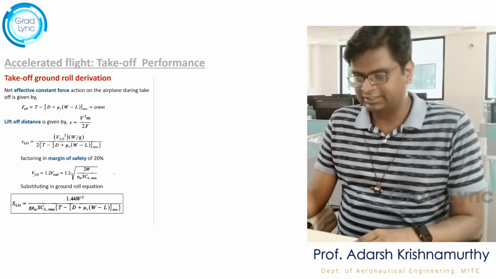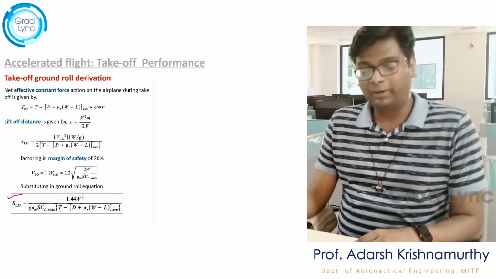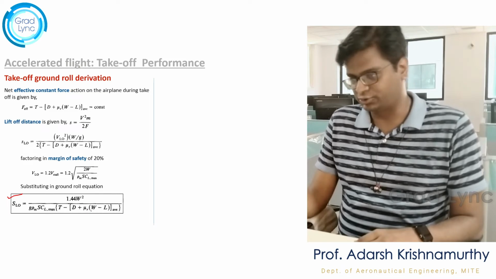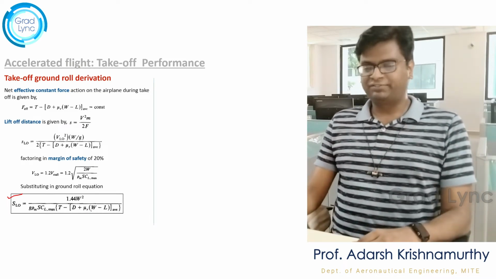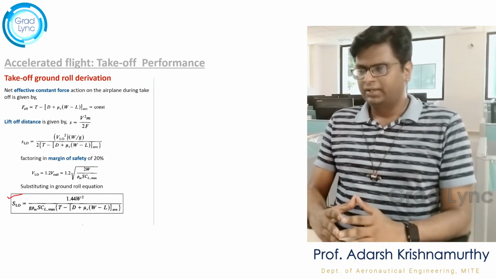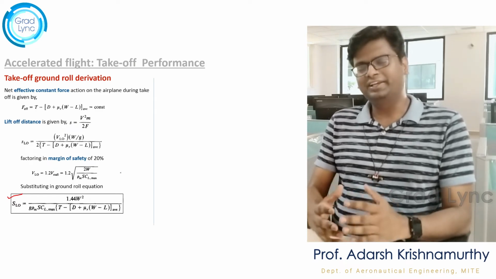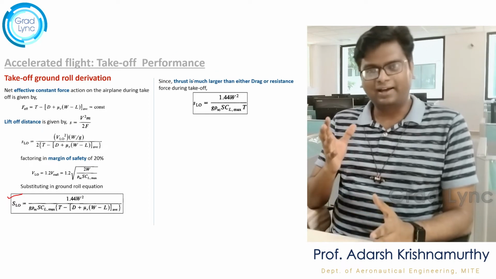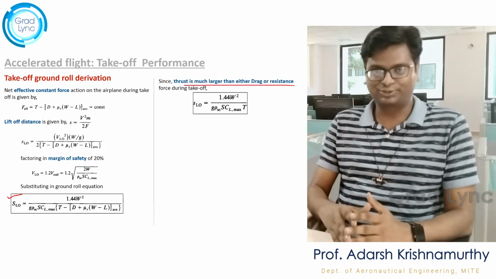I'm going to get 1.44 W squared by g into rho infinity S into CL max, multiplied by thrust minus drag plus the frictional force, right? But if I observe carefully, the thrust for any aircraft during the takeoff is much greater than the sum of drag and frictional force.